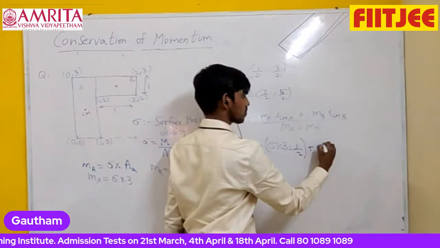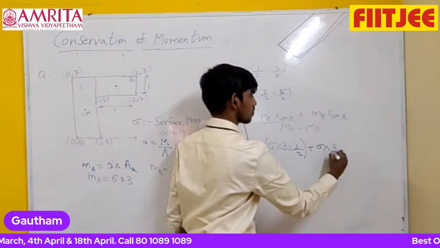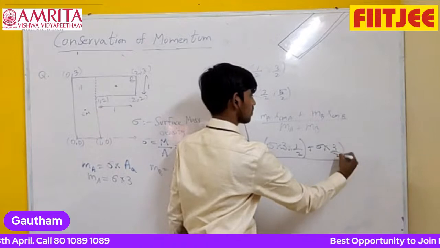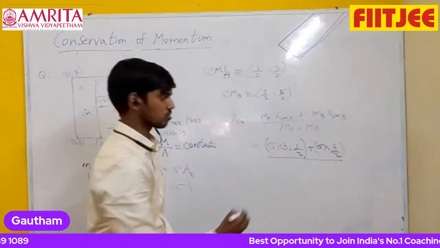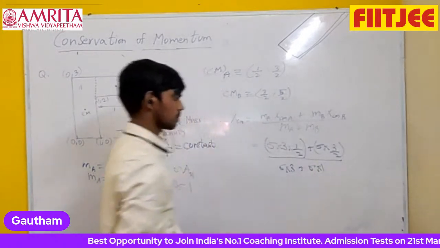So sigma into x coordinate of B is 3 by 2, divided by mass of A plus mass of B, which is sigma into 3 plus sigma into 1.